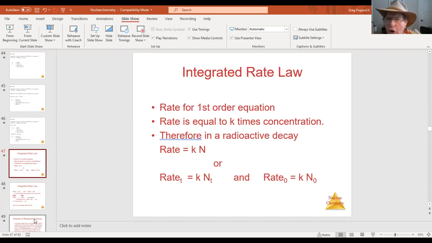So, if I start off, my rate is going to be equal to my rate constant times the number of nuclides when I start. But remember, as I get less and less, my rate is going to decrease. So my rate at time t is going to be equal to my rate constant times the number of particles I have left at time t.